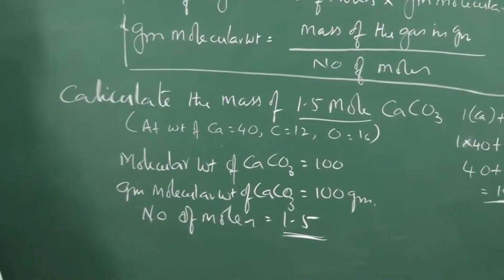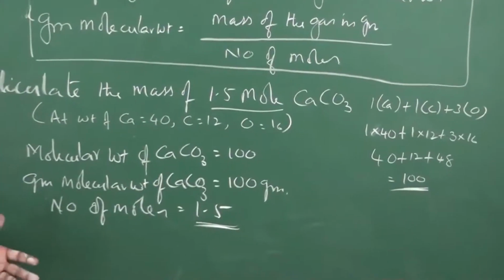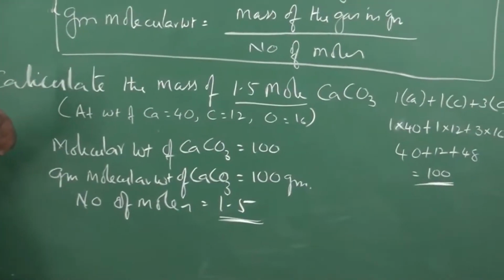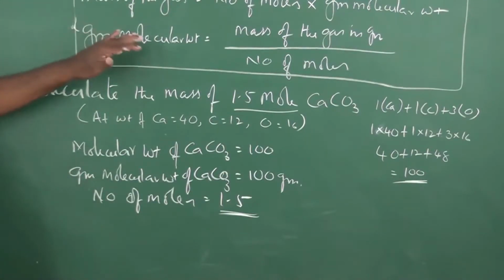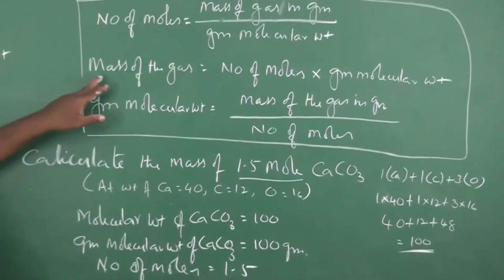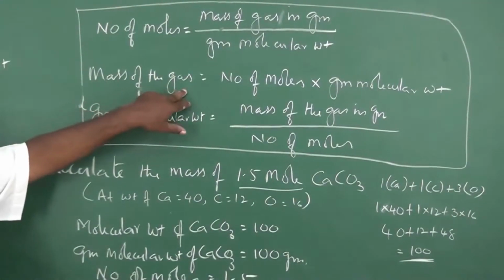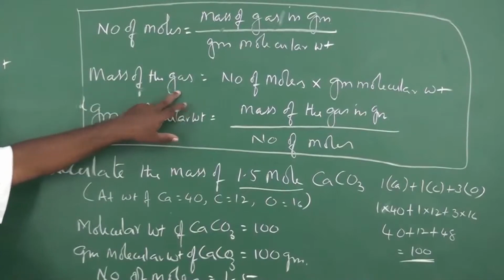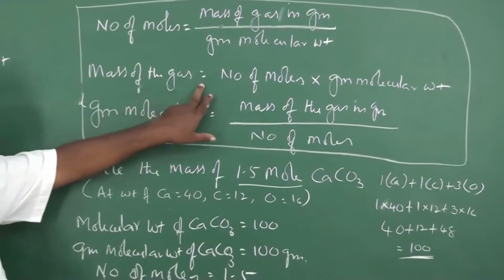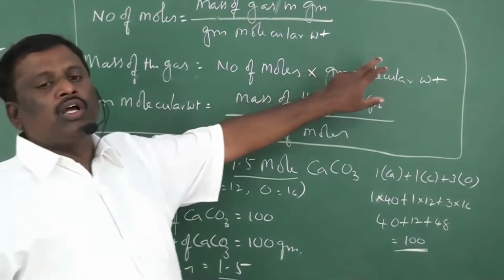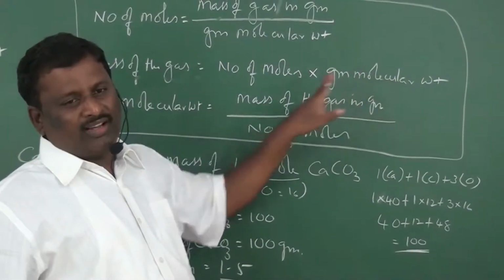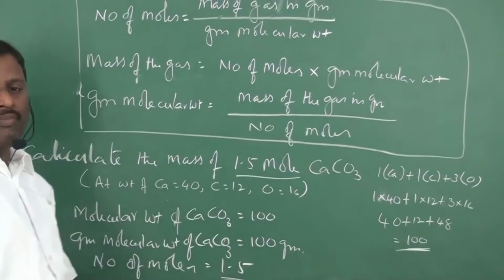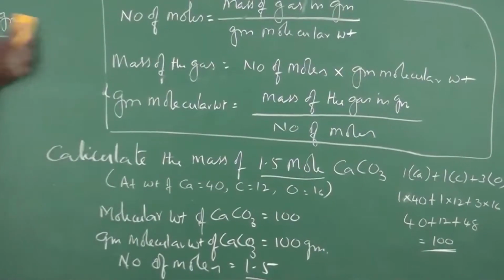In the previous problems, they have given us the mass and asked for the number of moles. Here number of moles were given, they are asking the mass of the gas. So you have to use this formula: mass of the gas is equal to number of moles into gram molecular weight.